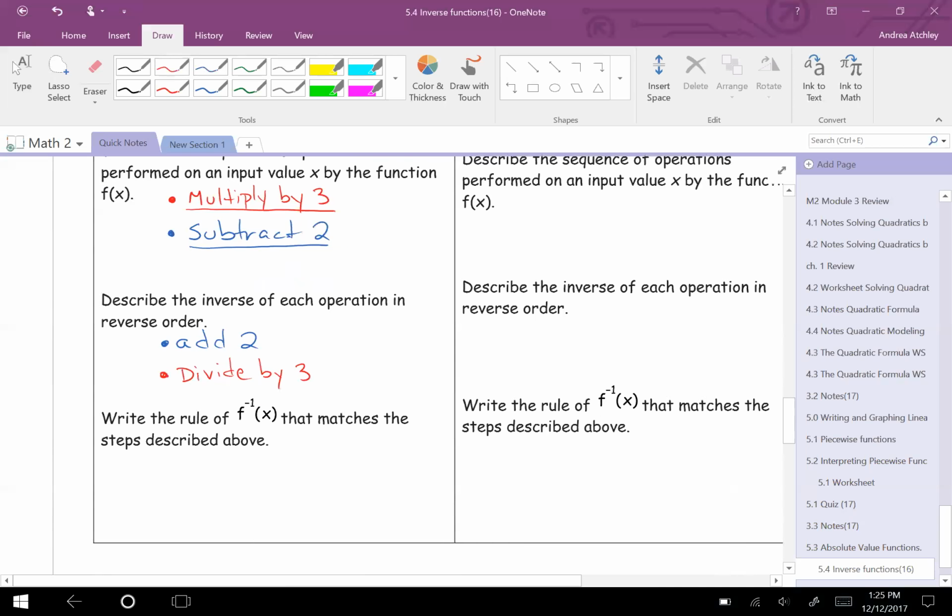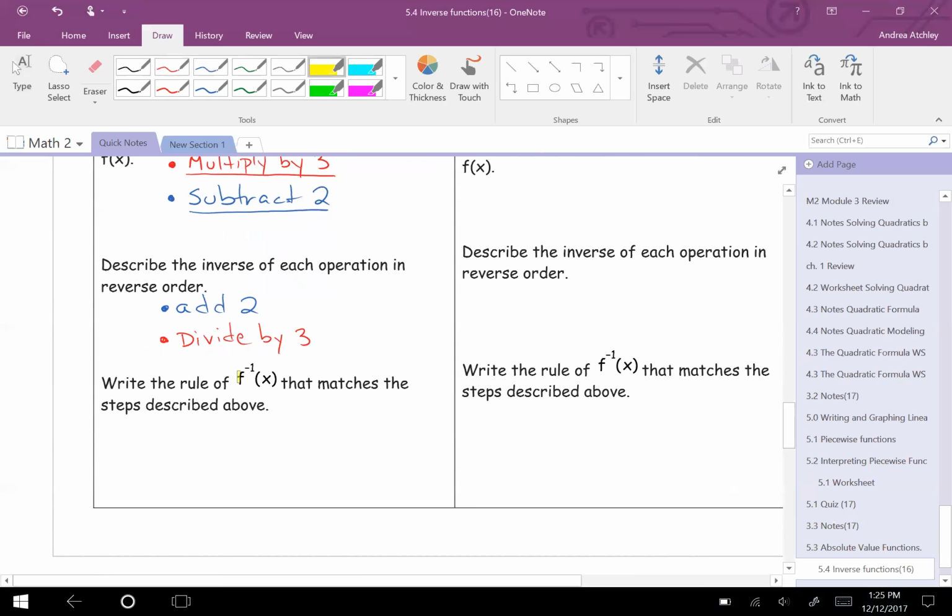Okay, so now we're going to write the rule or the equation. This just means the inverse. Okay, f^-1(x) is what we call the inverse. So for the inverse, I would now take my x. The first thing I needed to do was add 2 to it. So I'm going to add 2.